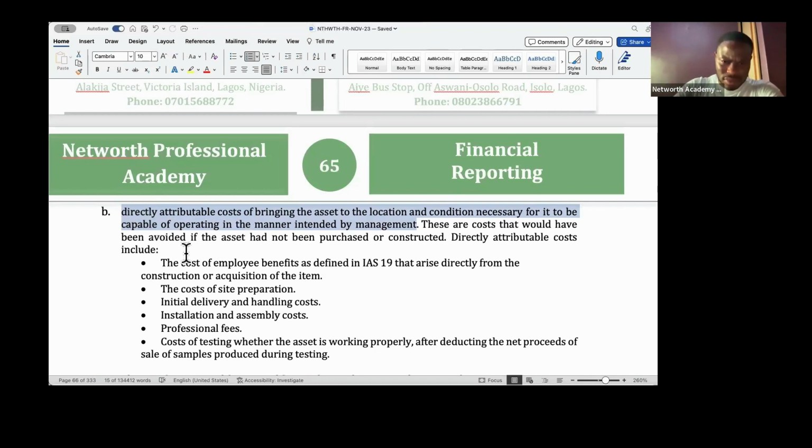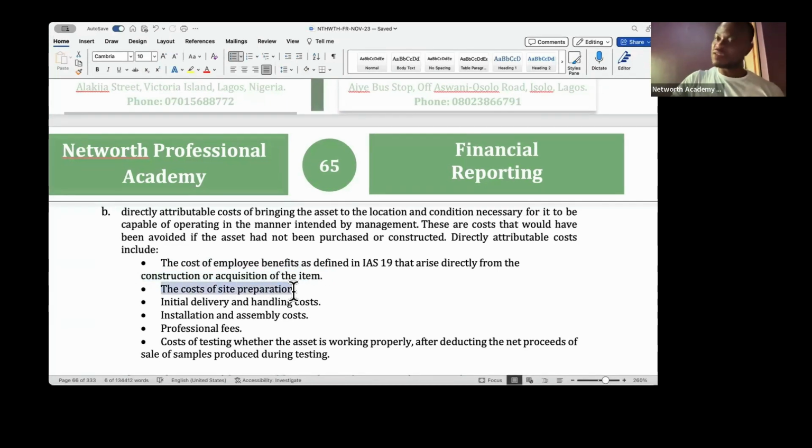And example of those costs, the first one is employee benefits or staff costs that directly involve the construction or acquisition of the asset. That should be capitalized. So if you are constructing an asset yourself and some of your staff participated in the construction, the money you pay to such labor cost majorly should be added as part of the cost of the asset.